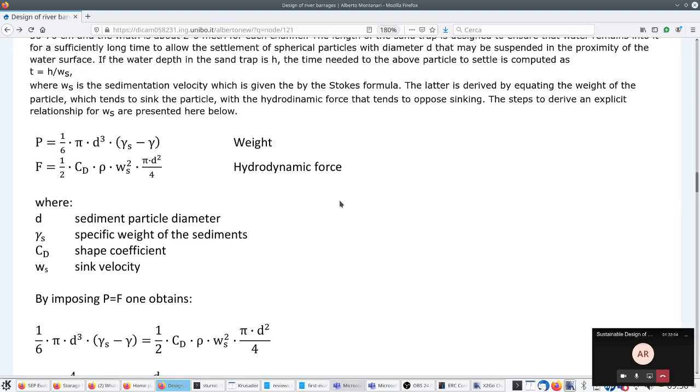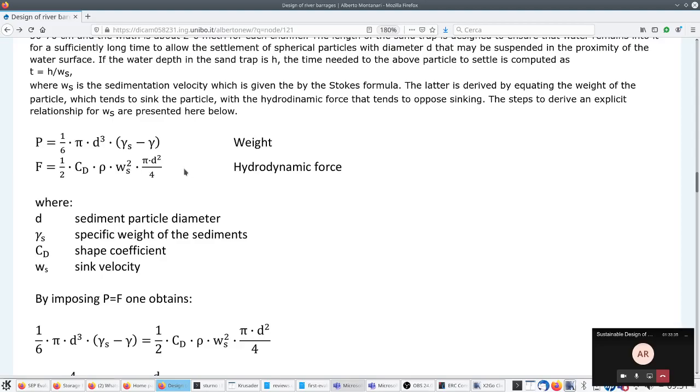It's based on equating the weight force of the particle with diameter lowercase d to the hydrodynamic force, which is, I'm sorry, the resistance that water makes to the particle which is moving downward.